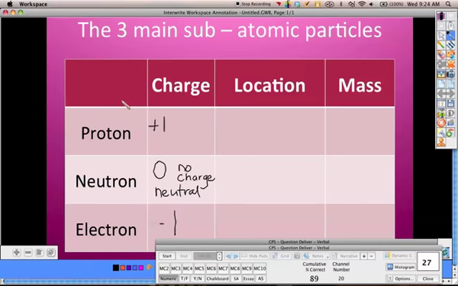So it kind of makes you think, why, if we have a positive charge and a negative charge right next to each other, why aren't they going towards one another, like magnets do? If you get magnets close enough, they go towards one another. Well, that's dealing with some of the strong forces and the weak forces that are associated with some of the particle physics that we're not going to get into yet.